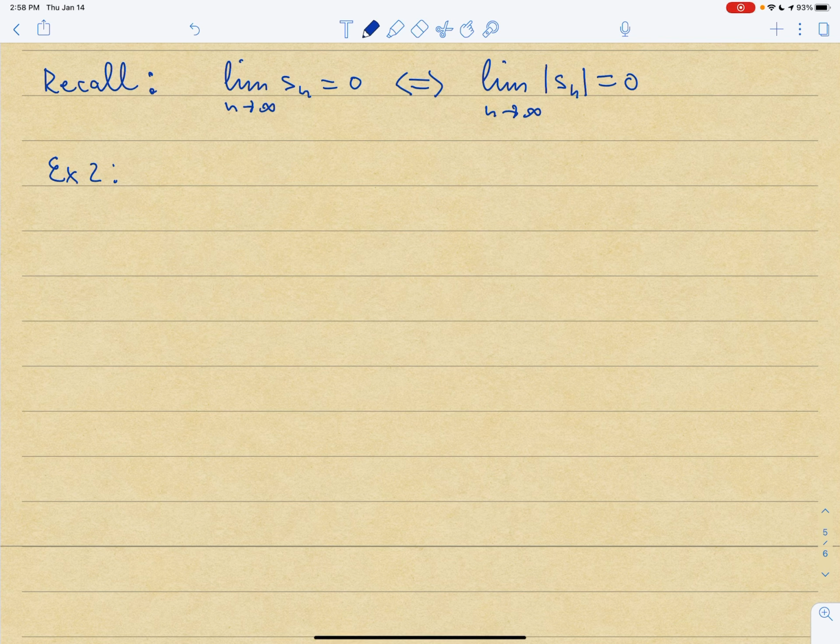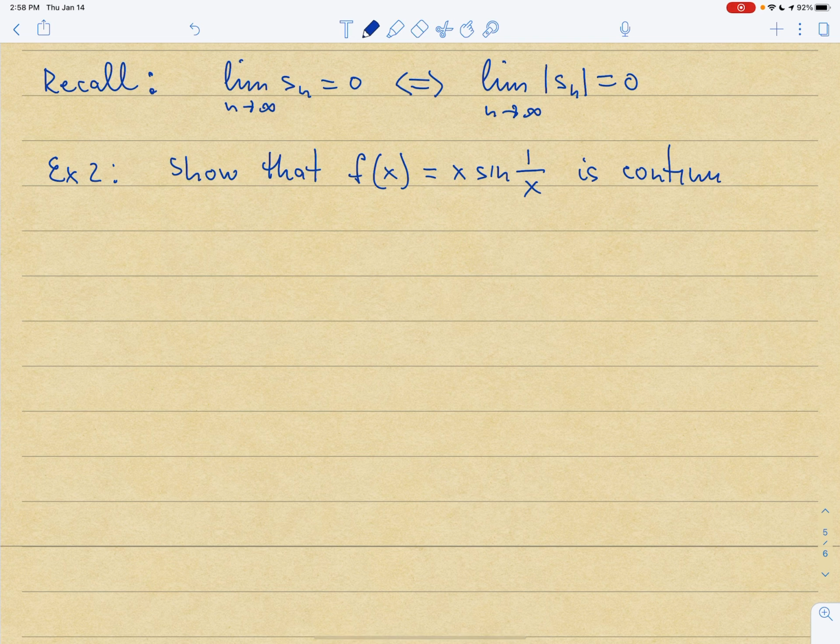What I want to do is show that f of x equal to x times sine of 1 over x is continuous at x equal to 0.